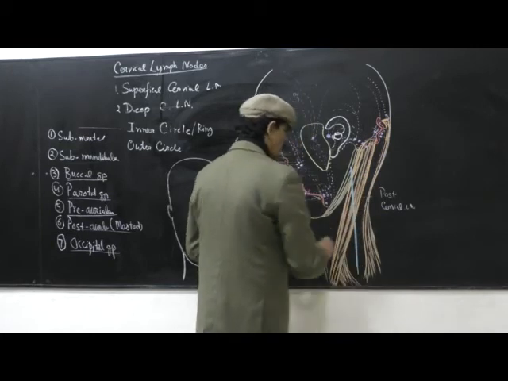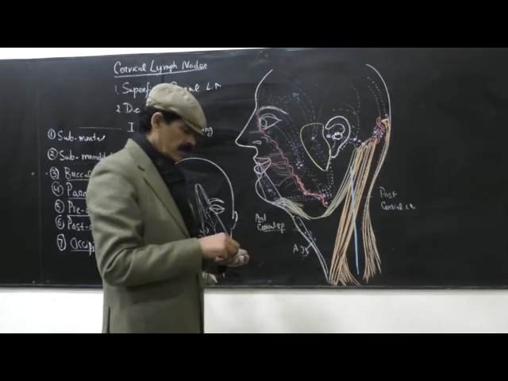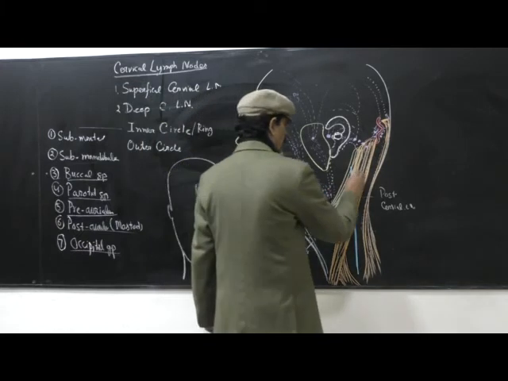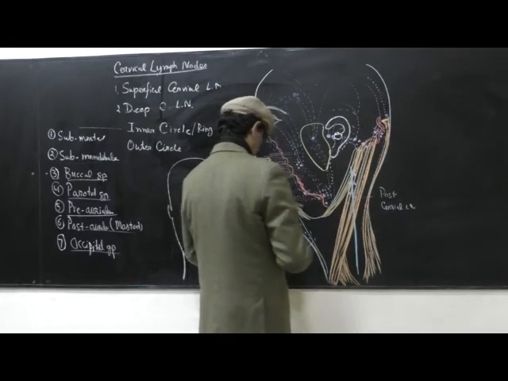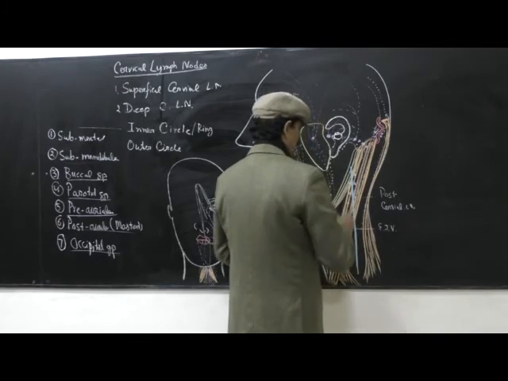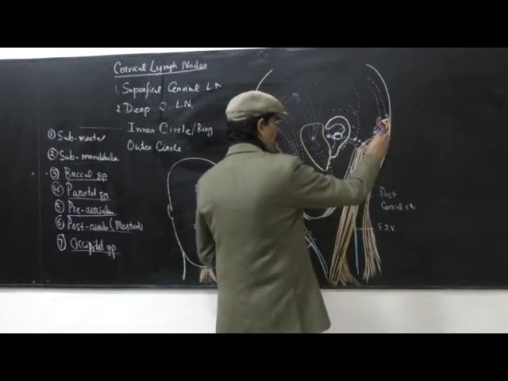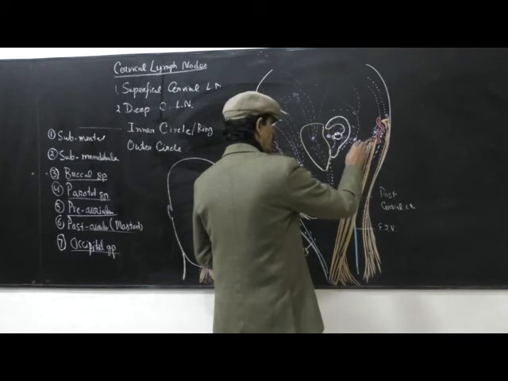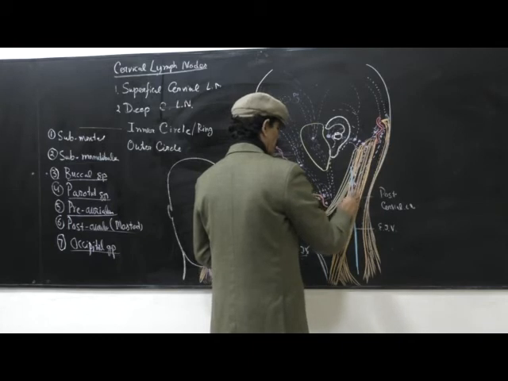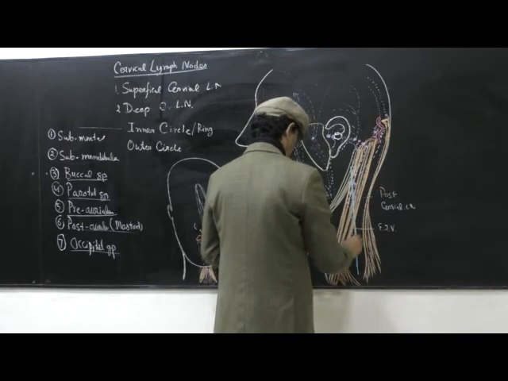So it is the superficial posterior cervical group of lymph nodes, present along the external jugular vein. They have afferents from the occipital group also, and from the mastoid group of lymph nodes. And their efferents may go to the supraclavicular lymph nodes.